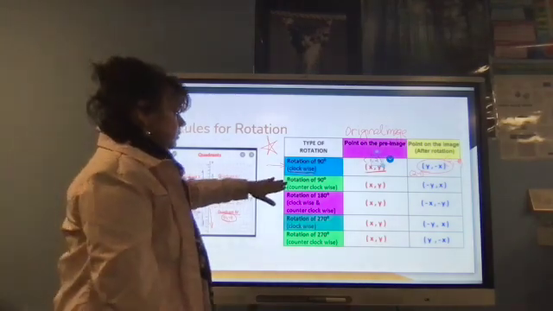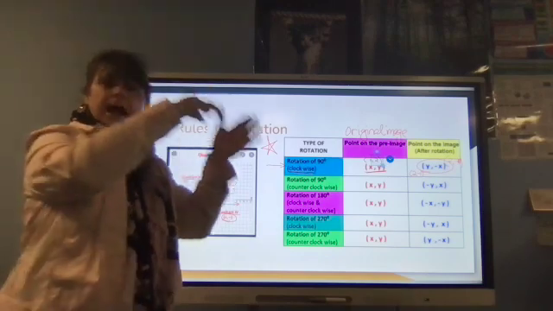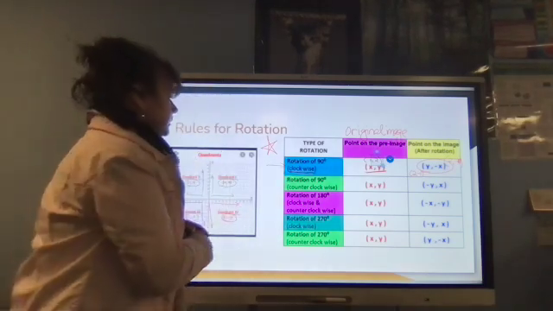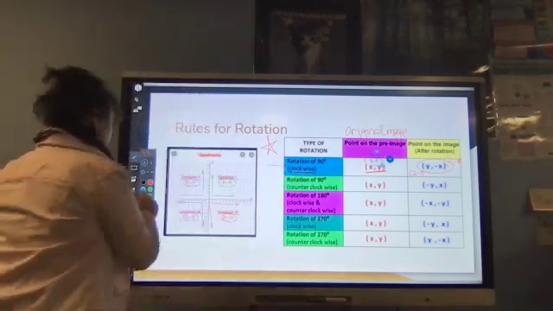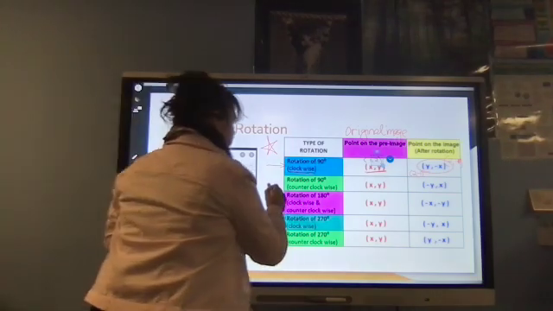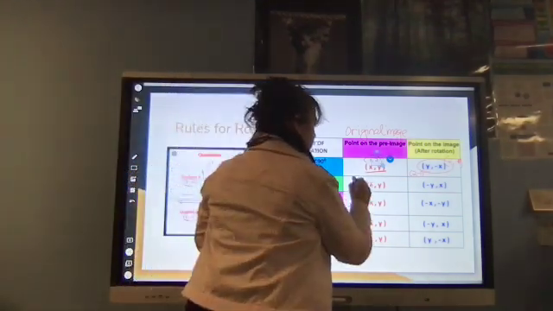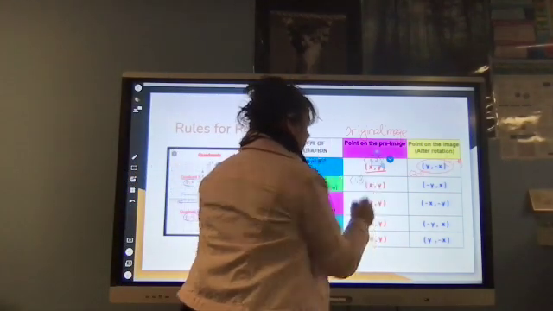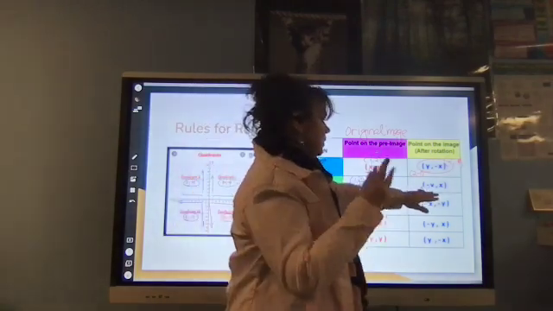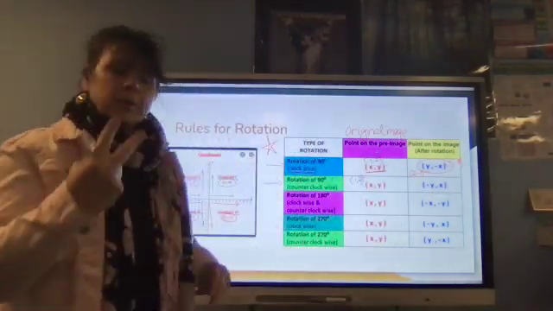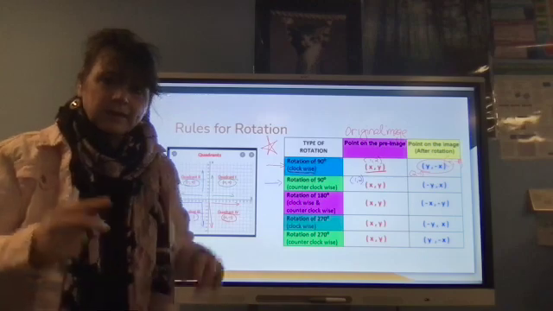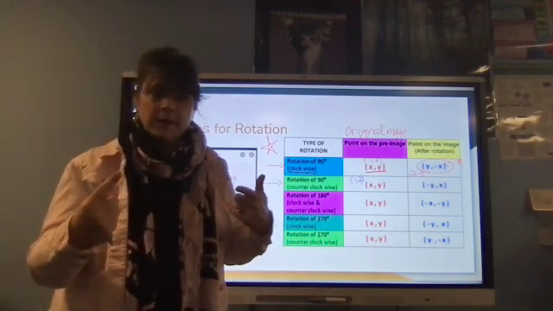Let's try another one. So a rotation of 90 degrees, now the opposite way, counterclockwise. Let's say we have the same coordinate point, 1, 2. Instead of throwing the opposite sign on the x value, we're going to throw the opposite sign on the y value.